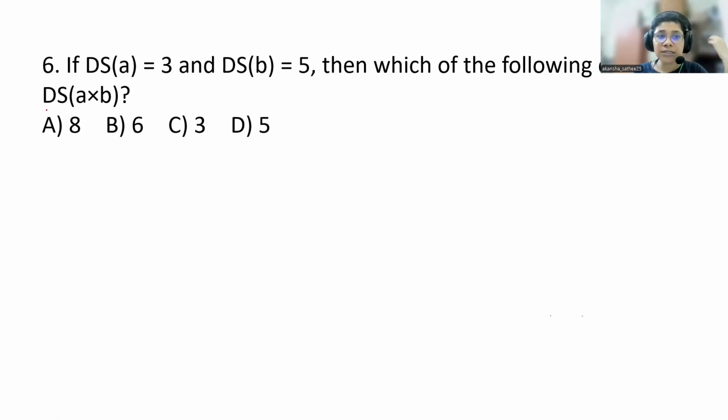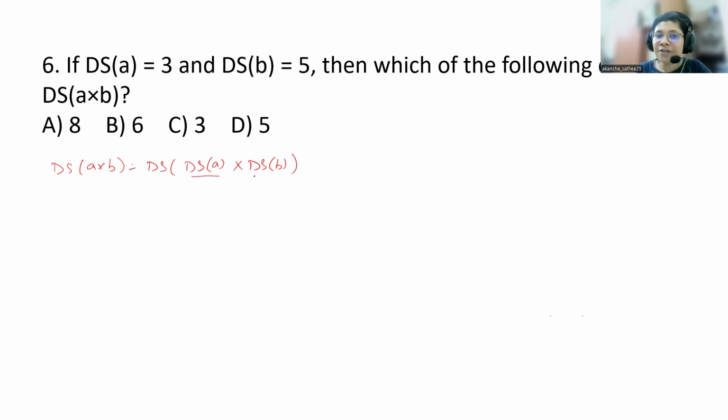How do we compute the digit sum of two integers? Let me remind you the rule. The digit sum of A cross B is, if you remember, the digit sum of A into the digit sum of B, right? Although A and B are not given, that is not at all needed to compute the digit sum of A into B. What is given?